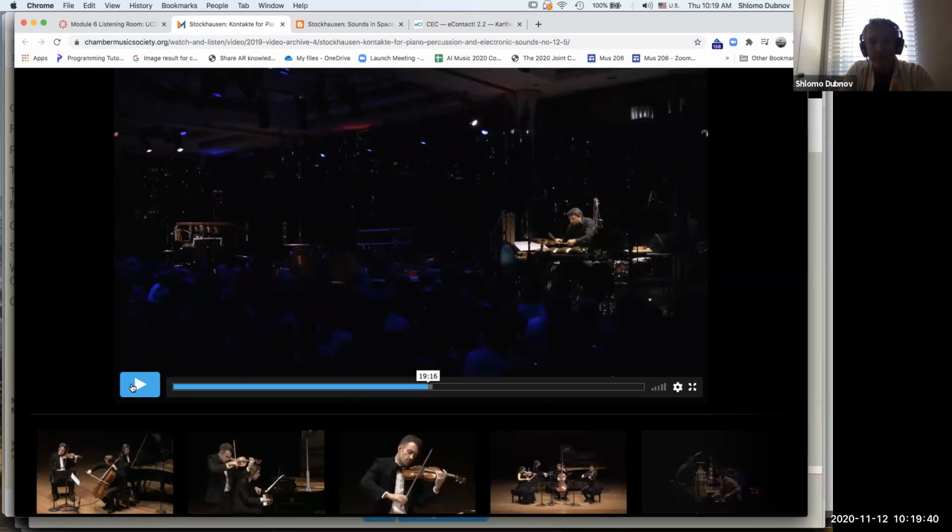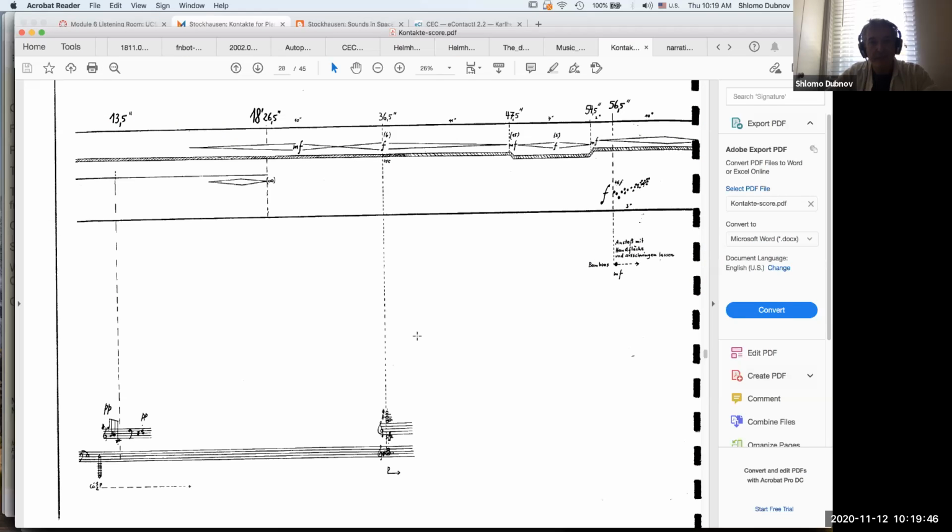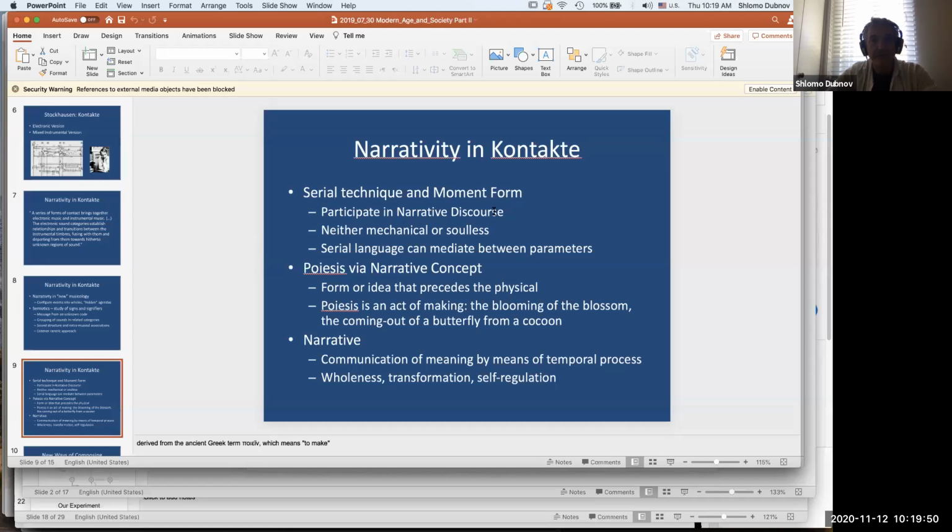So I hope that by demonstrating a few of these points and showing also the idea of representation of these things, it brings us back to the question of how do we understand the storytelling here? And is there a storytelling?